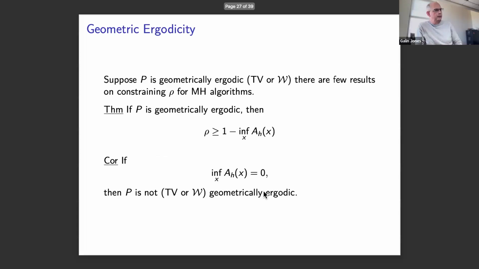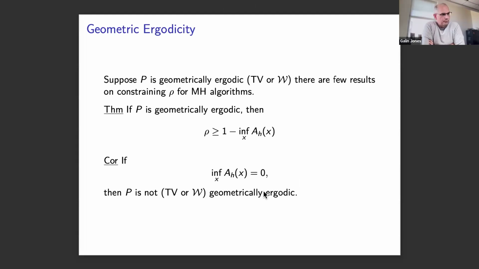So it turns out that we can use these lower bounds to provide a lower bound on rho. And so it doesn't matter whether it's total variation or Wasserstein distances here.